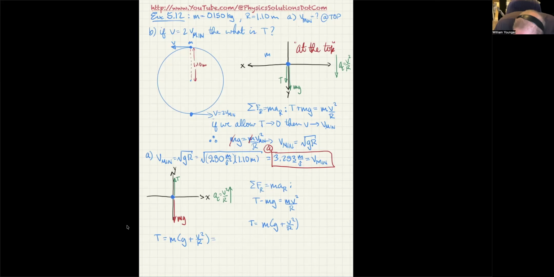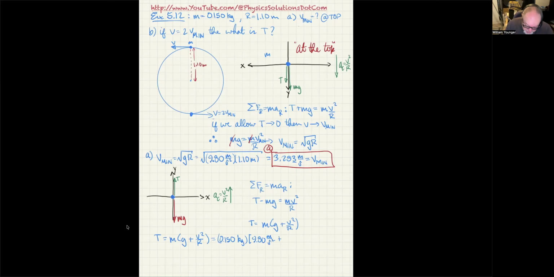Now I can plug all this in: 0.150 kilograms. I was thinking of the velocity already. So 0.150 kilograms times 9.80 meters per second squared plus the velocity, which has to be twice v min.